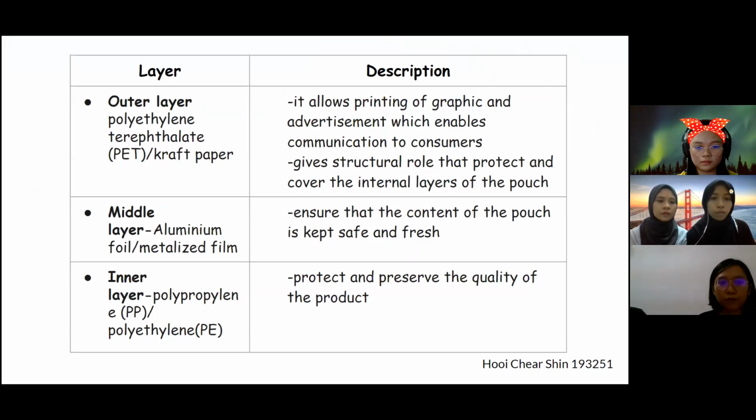The stand-up pouch actually consists of 3 layers. These 3 important layers are the outer layer, middle layer, and inner layer.